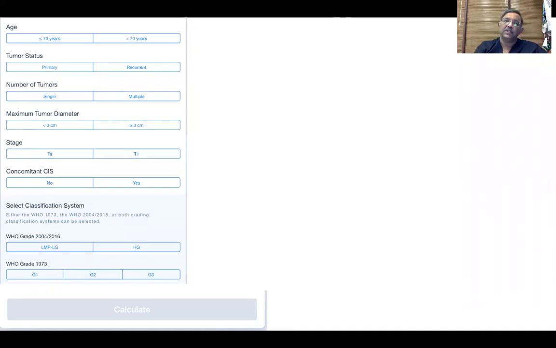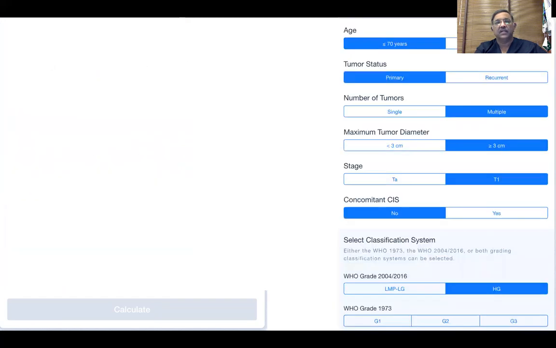If we plot this patient's data on the EAU 2021 risk calculator, which is available at nmibc.net, the patient's age was less than 70 years. It was a primary tumor. There were multiple tumors greater than 3 centimeters. The stage was T1.